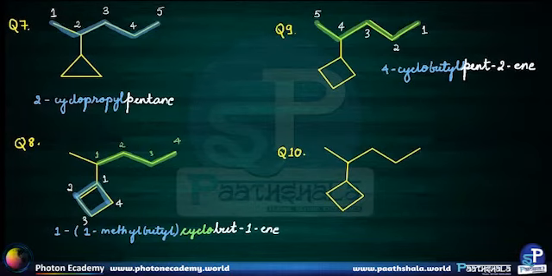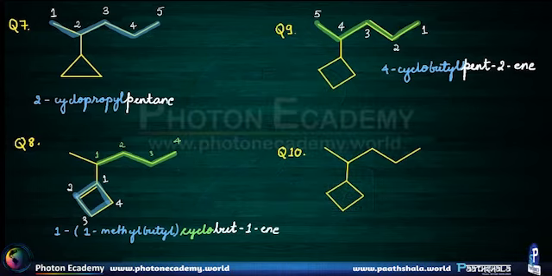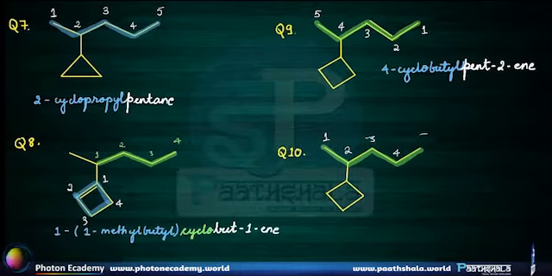If you observe carefully, question number 8, question number 9 and question number 10 are much similar to each other. Now in question number 10, the correct main chain will be this because the number of carbon atoms is more in the open chain than in the cyclic chain. Let's number our chain: 1, 2, 3, 4, 5.